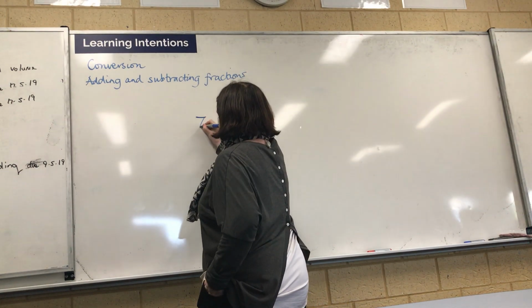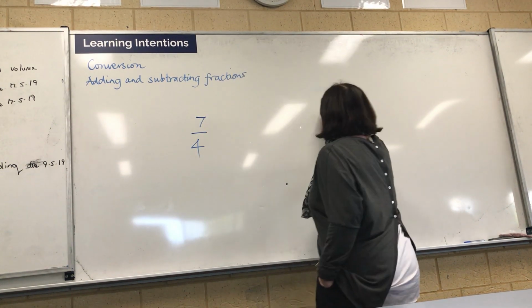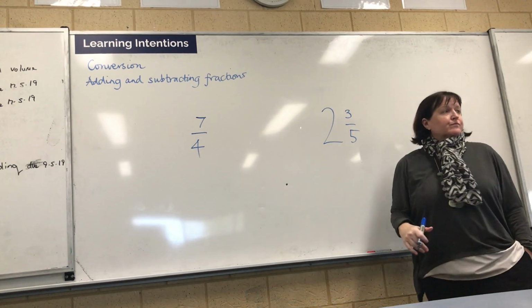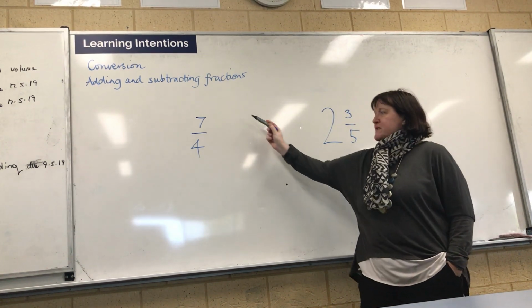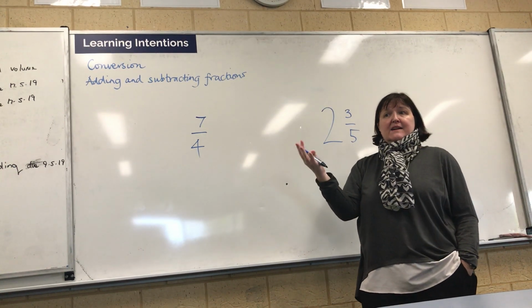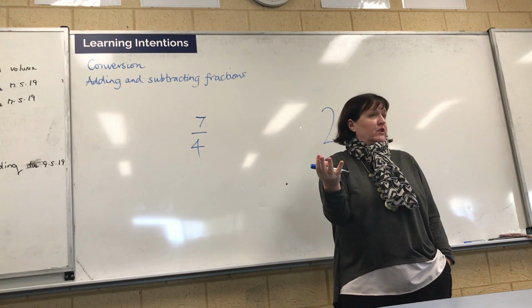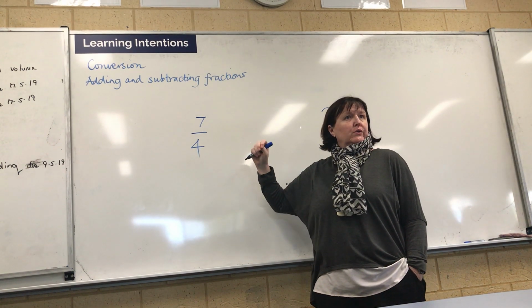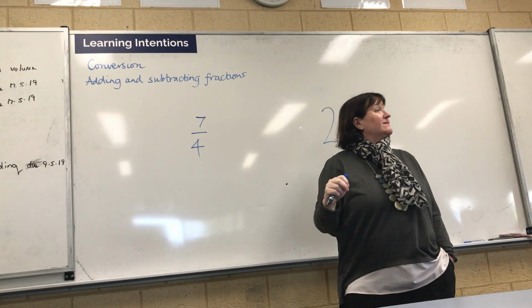So say, for instance, we've got something like 7/4 or 2 3/5. So obviously 7/4 is an improper fraction. It means that it's going to be more than 1. So who can remember how we convert that back to a mixed numeral? Ian?